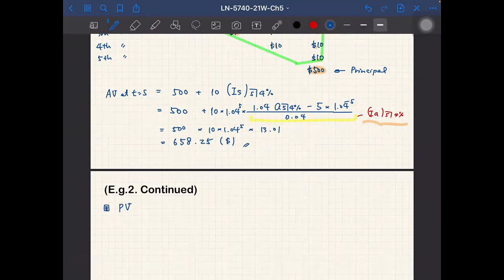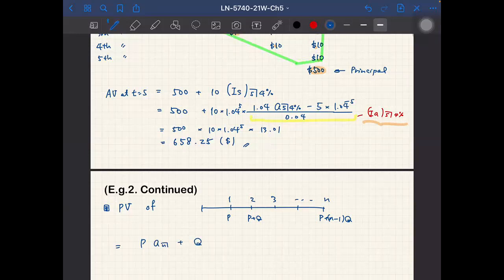The PV of this payment, an increasing annuity for n years, starting with P and ending at P plus (n minus 1) times Q, is equal to P times a right angle n plus Q times (a right angle n minus n times v to the nth power) over i.